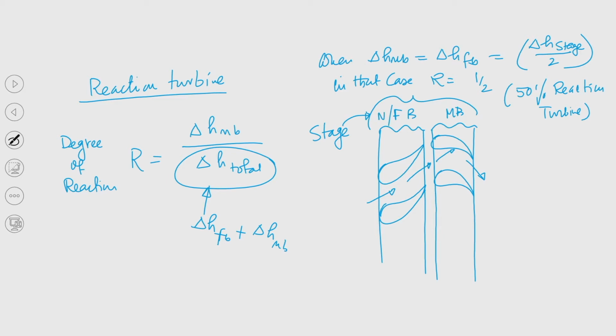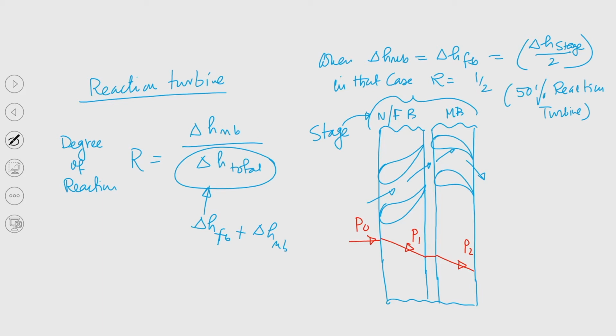Okay. So, if we try to draw the velocity and pressure distribution, say I will be drawing using red color. This is pressure; pressure falls, then again a slight pressure drop. So, this is P naught, this is P 1 and this is P 2.